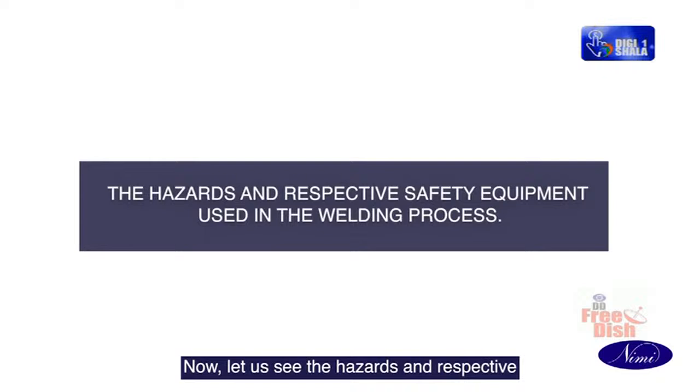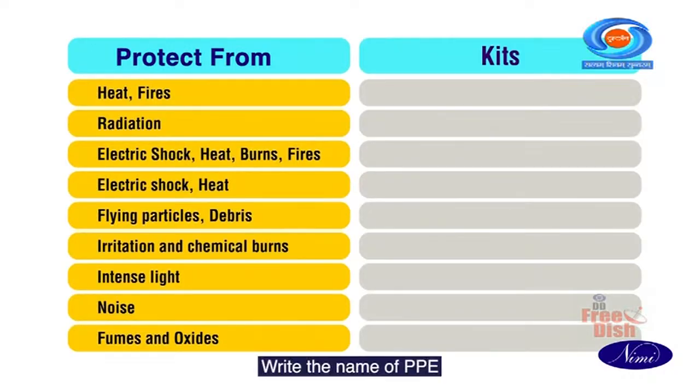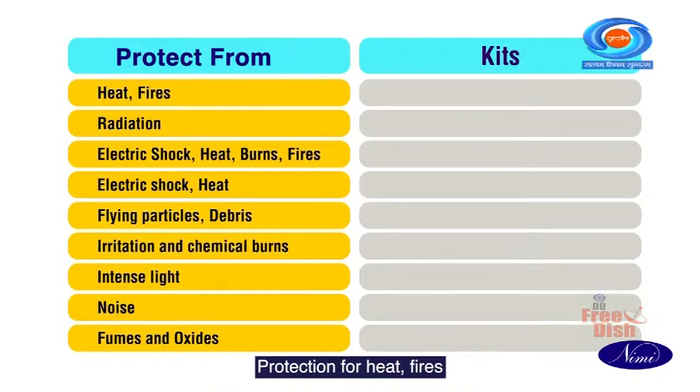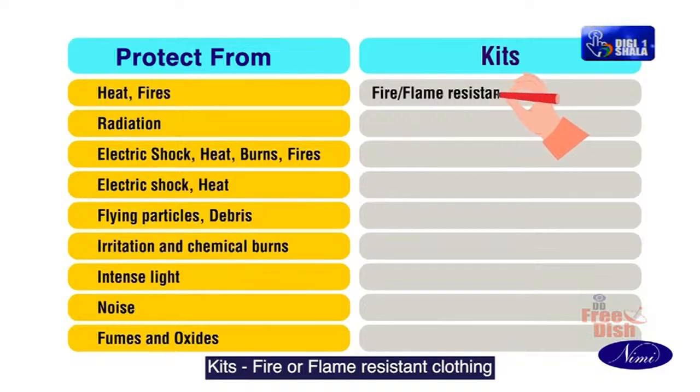Now let us see the hazards and the respective safety equipment used in the welding process. Write the name of PPE to corresponding type of protection. To protect from heat, fires: fire or flame resistant clothing.